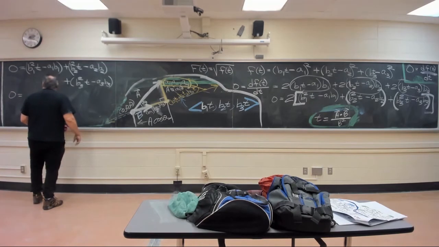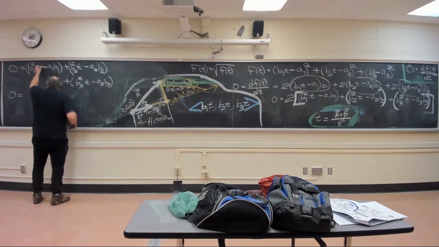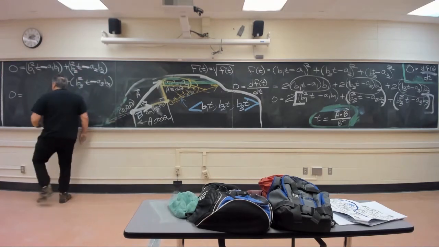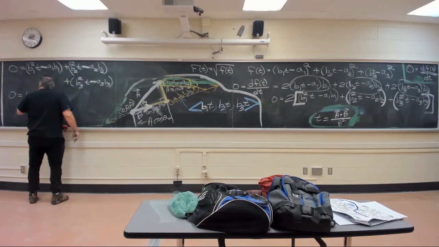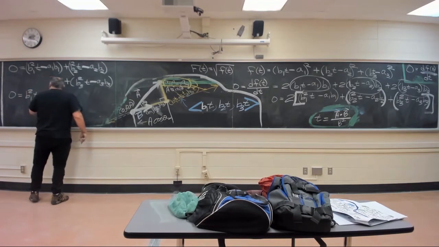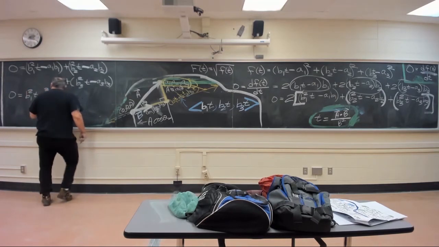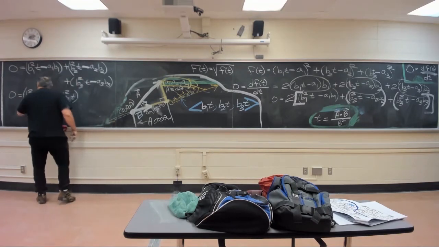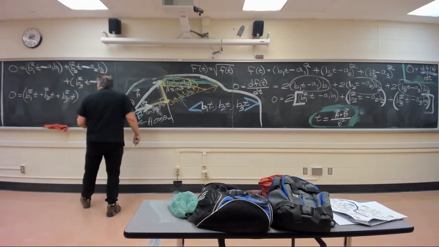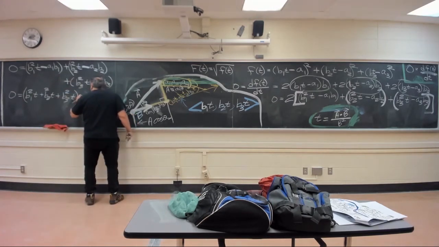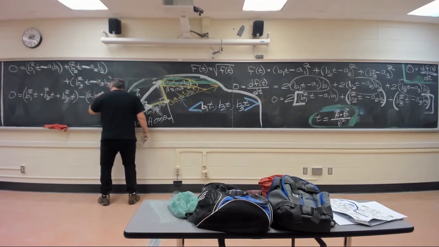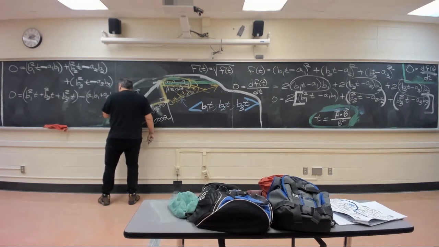There's a lot of minuses here. That's the same as plus a negative. We're not worried about that. We know how to do it. B1 squared t plus B2 squared t plus B3 squared t minus the quantity A1 B1 plus A2 B2 plus A3 B3.